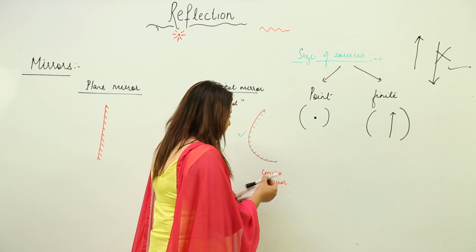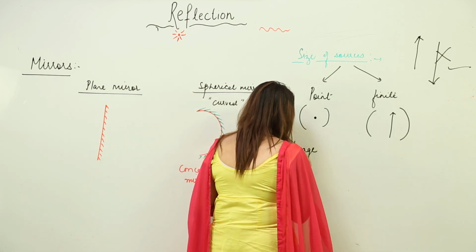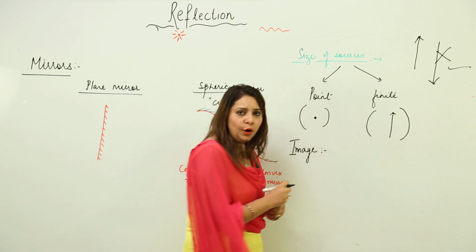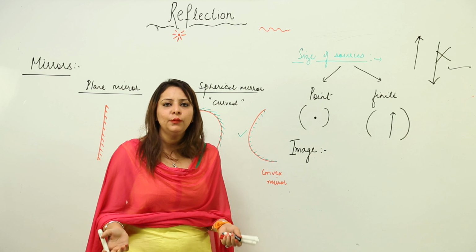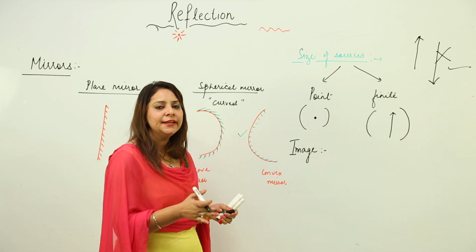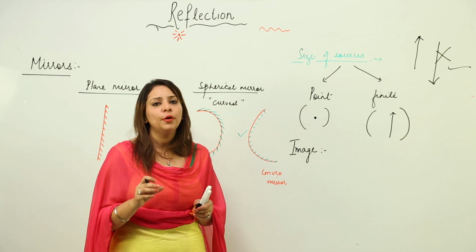Now, what about the image? You know where the image is formed. An image is not formed randomly anywhere. It is formed at a certain place, and a certain condition should be fulfilled in order to form an image.